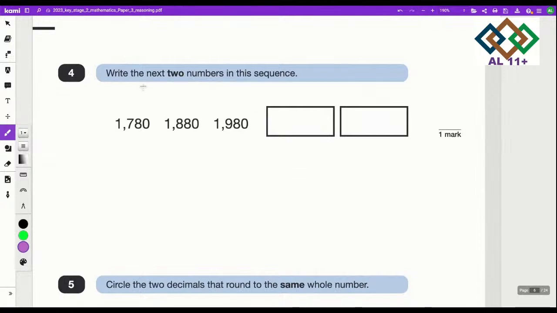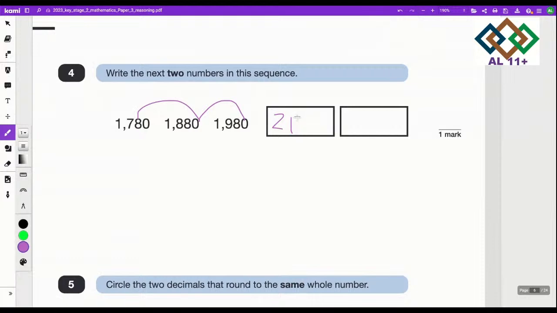First, you need to find what's happening in the sequence. You can see that we have 808080. So whatever number you get, you will be just putting 0 and 0 in that. So what do you think the numbers could be? It will be 2080 and 2180.